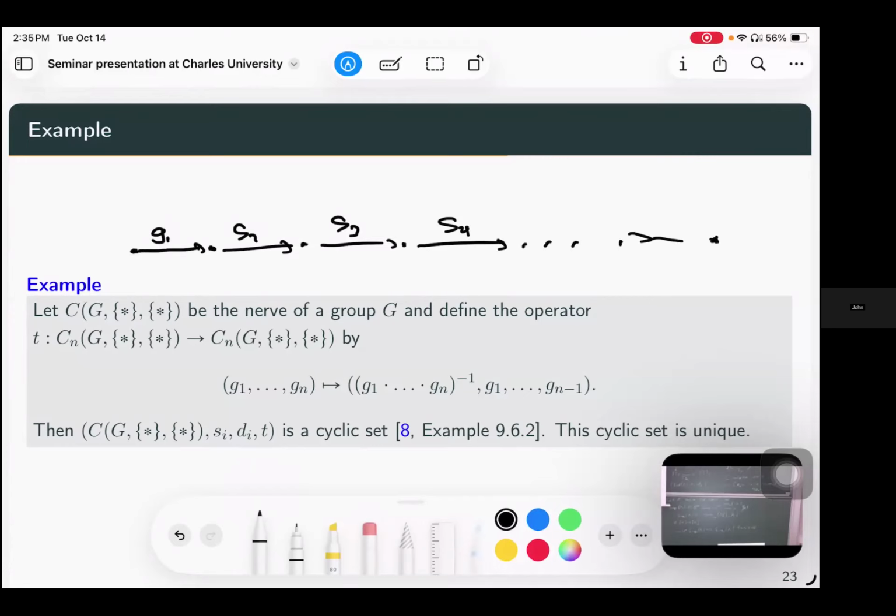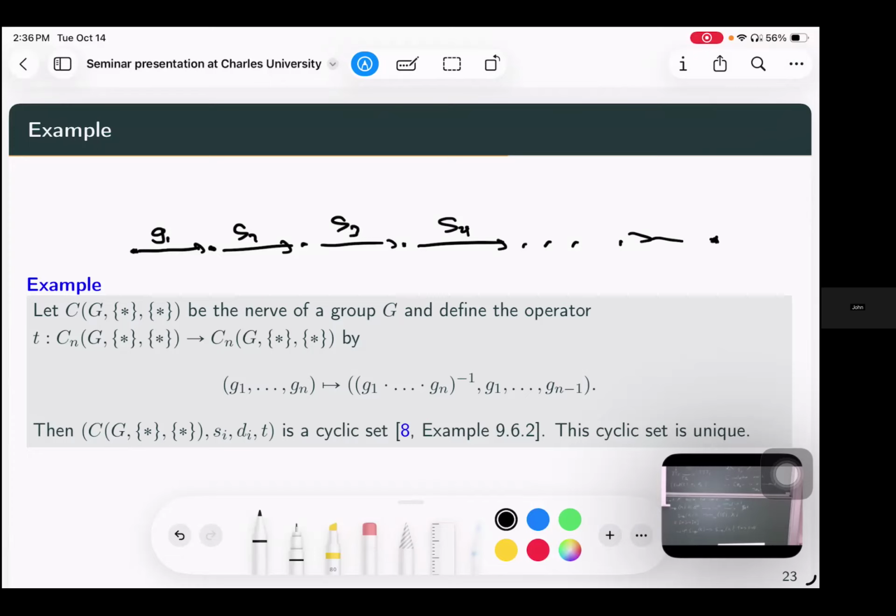So I collect all of these composable maps on G, and that gives me a set which I call the nerve of a group. Now this is a simplicial set.